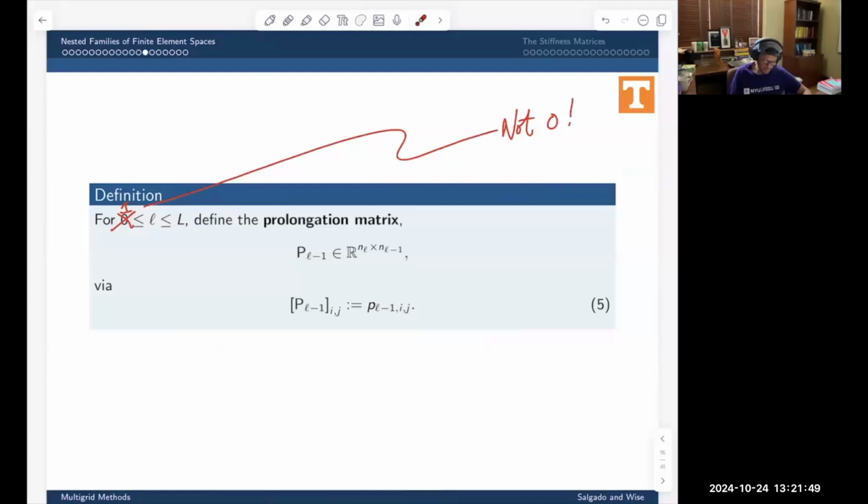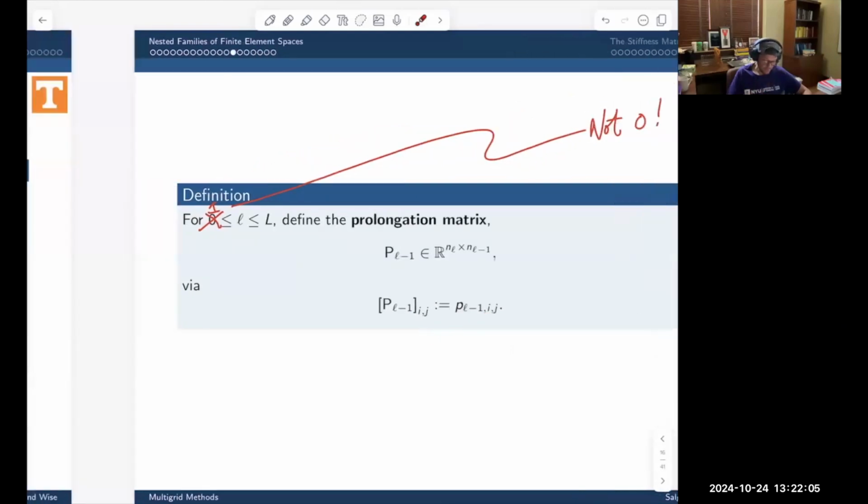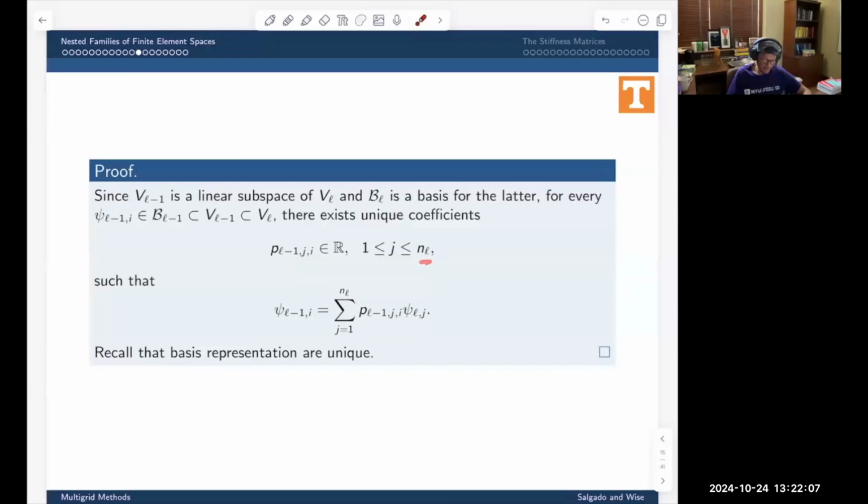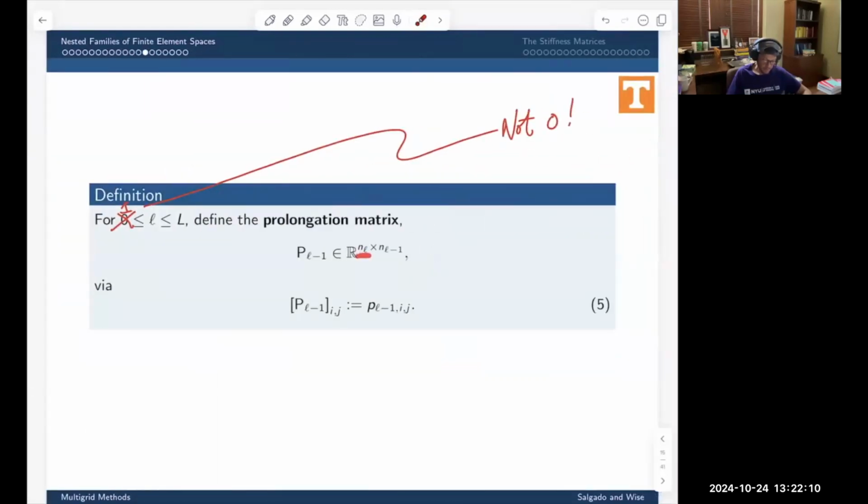I've switched the order now, as you see, but I've done so in a consistent way. So the number of rows in this matrix, that's this first entry here, that's the size that index can be. That guy can be N_L in number. So that's why the number of rows corresponds to N_L. It's still consistent. And the number of columns corresponds to this number, N_{L-1}. So that's why I'm going to use the more standard notation where I use i for the first index and j for the second index.